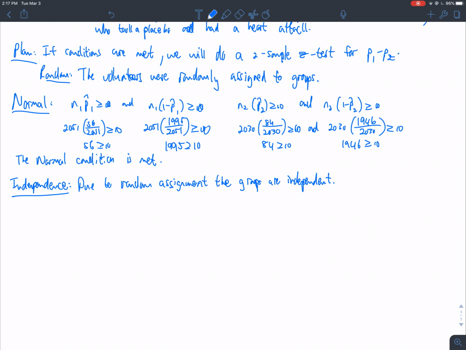And then we say that the individuals in each group should also be independent.